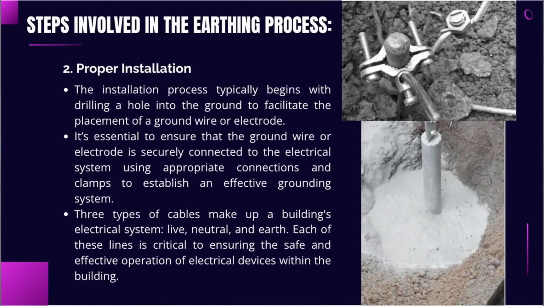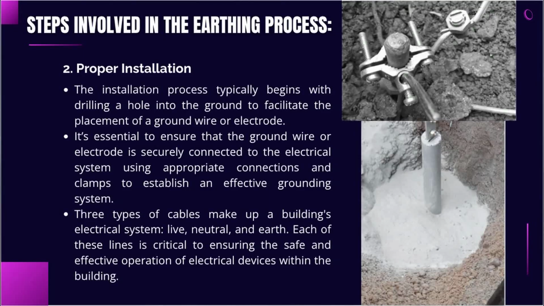Second point, proper installation. Once the location and type of earthing system have been identified, your next step is to follow the proper installation process. This typically begins with drilling a hole into the ground to facilitate the placement of the ground wire or electrode.